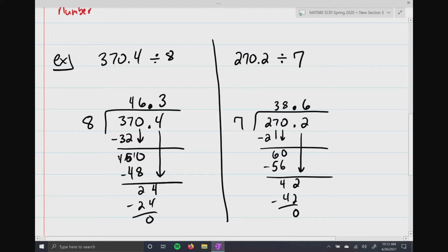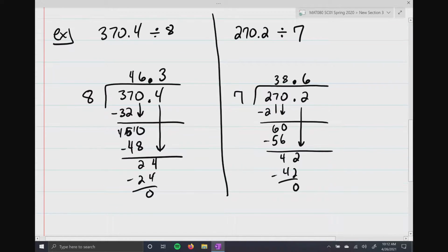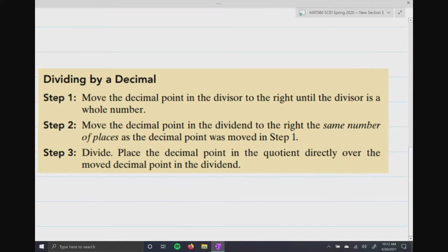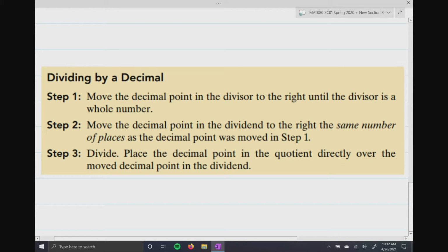All right. Are there any questions? Like I said, dividing decimals is very straightforward, but you just got to follow your steps. And here are our steps right here. To divide a decimal, step 1, you're going to move the decimal point in the divisor to the right until it's a whole number.